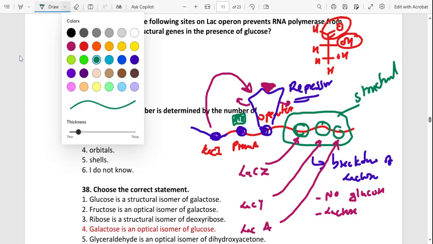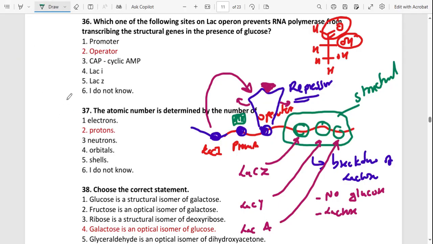So starting with lac Z, lac Z will code for the enzyme known as beta galactosidase. What beta galactosidase does is that it breaks down lactose into glucose and galactose.